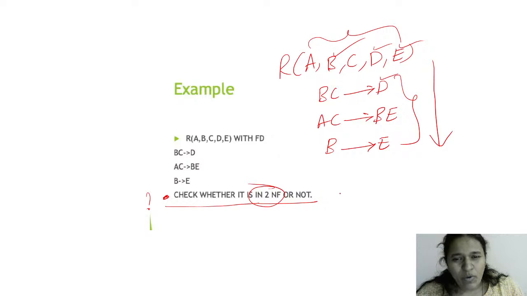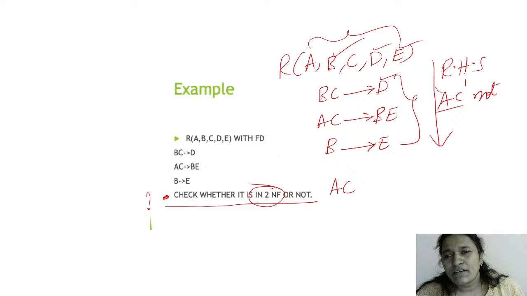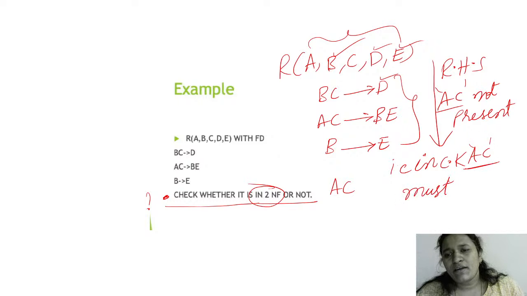What is the meaning of that? In the RHS, A and C are not present. That means in the candidate key, AC must be there.